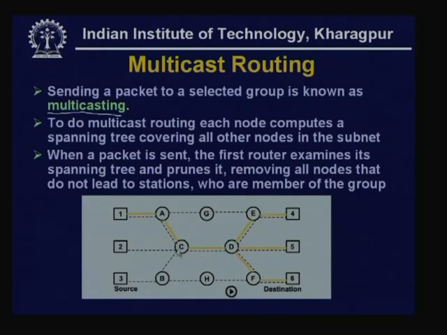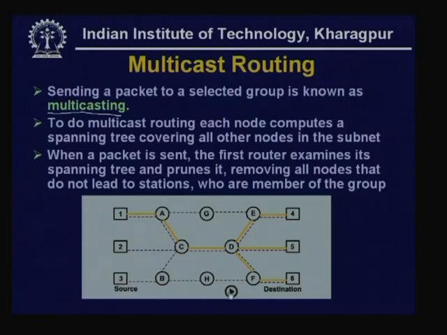Here we find that a spanning tree is formed. From 1 it will go through this path, 1 to node A, to node C, node D, and from D it is multicasted. It is transmitted not in one direction, but in 3 directions, because 4, 5, 6 are a group of stations that want to get the service.